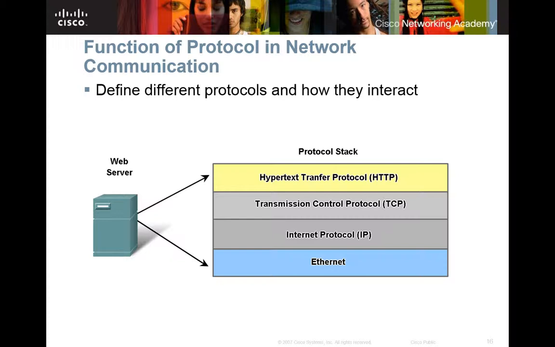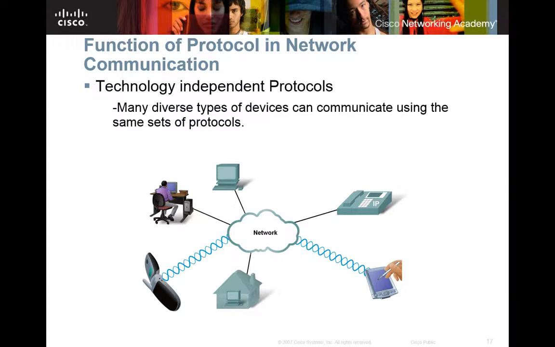IP is a layer 3 protocol. When we start talking about IP addresses, we're talking about what is on routers. Then we have the Ethernet layer, which is your physical layer down on layer 1. And in between, we have layer 2, where we talked about the MAC, media access control, and that's where your MAC addresses come from, in the data link layer.